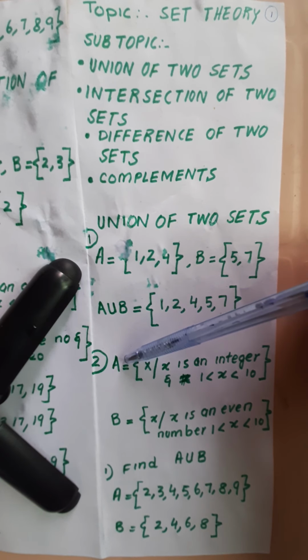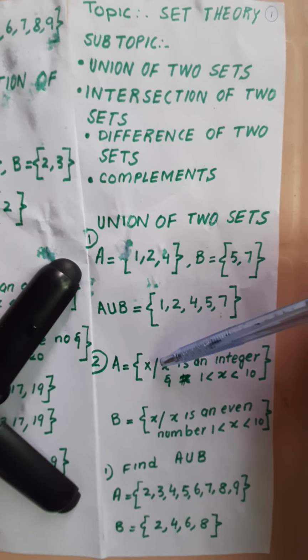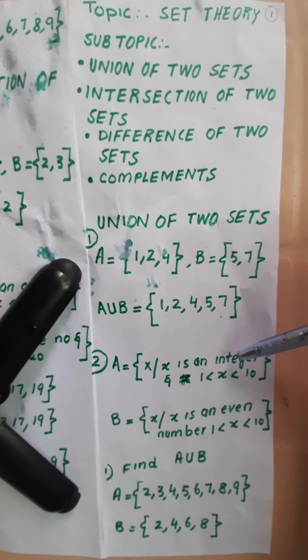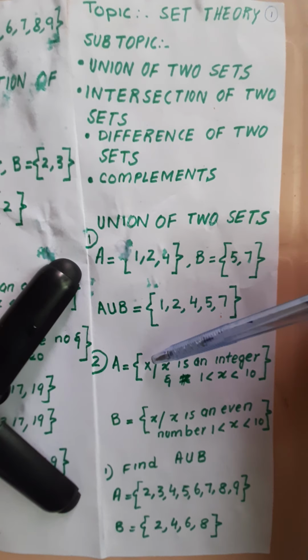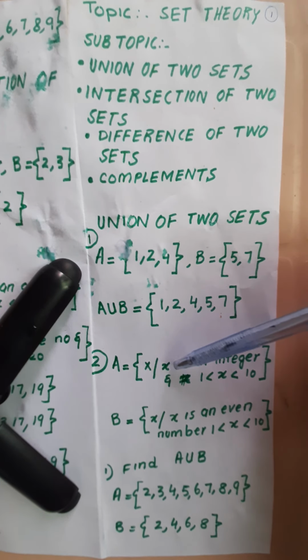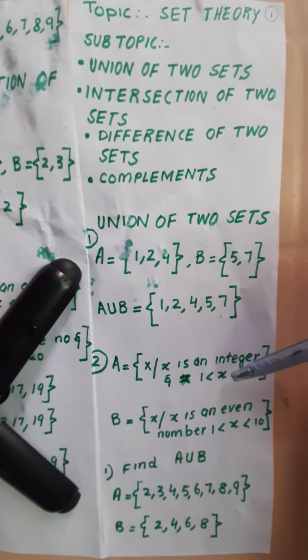The same question from union of sets but with different data. A is a set in which x represents a single element and x is an integer that is greater than 1 and less than 10.